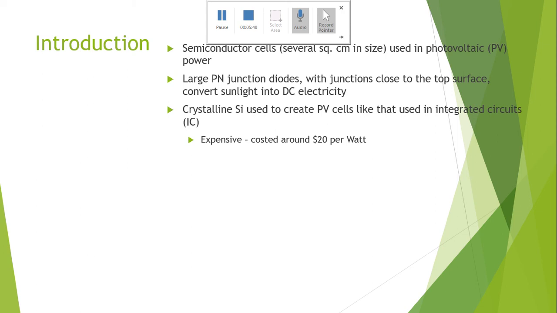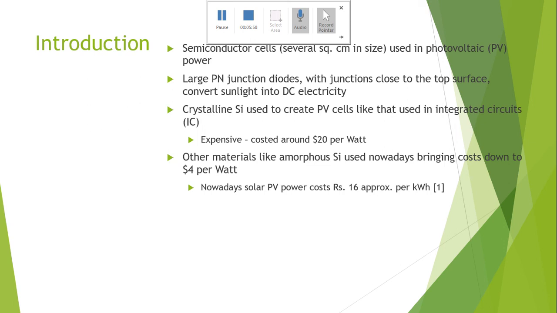And the main problem with this type of technology is that it is expensive, and the cost is estimated at around $20 per watt. Other materials like amorphous silicon are used nowadays, bringing the cost down to approximately $4 per watt.